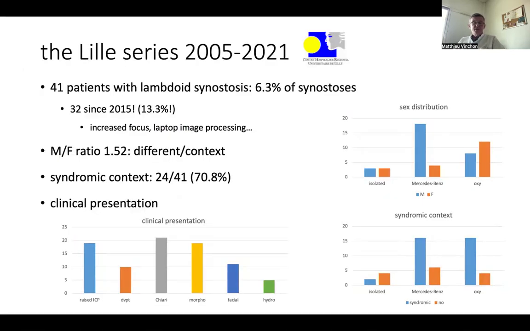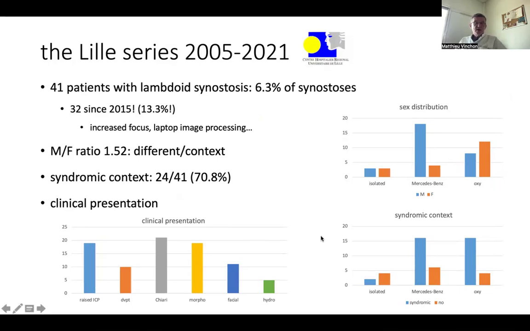So this is the experience at Yale over 16 years. We had 41 patients with lambdoid synostosis, but only a fraction of these had purely lambdoid synostosis. This accounts for about 6.3% of synostosis, and we noted that most of the cases were recent. That means we probably had an increased focus on this condition, and it shows also the influence of the laptop imaging processing, which allows the surgeon to study the lesion more in depth.